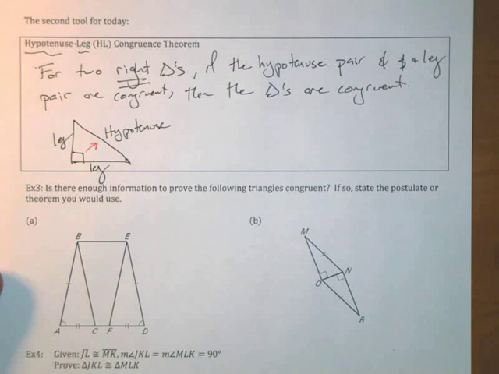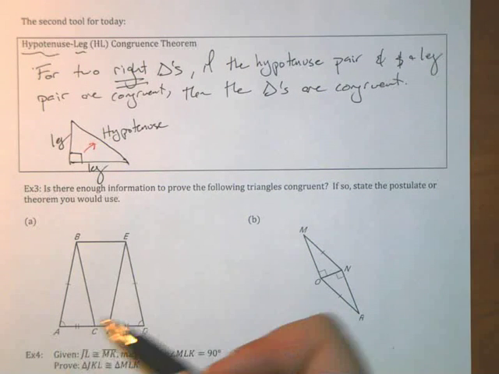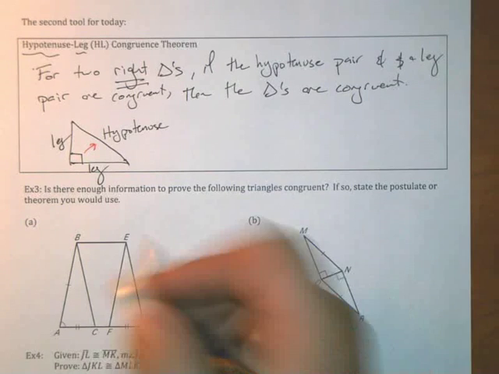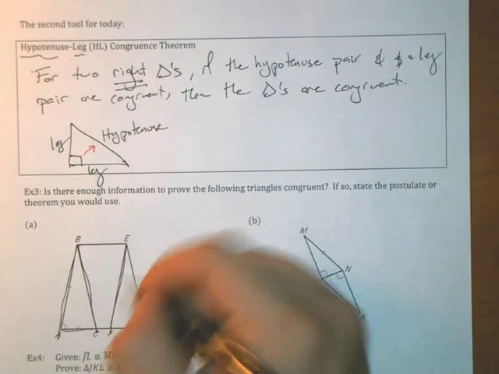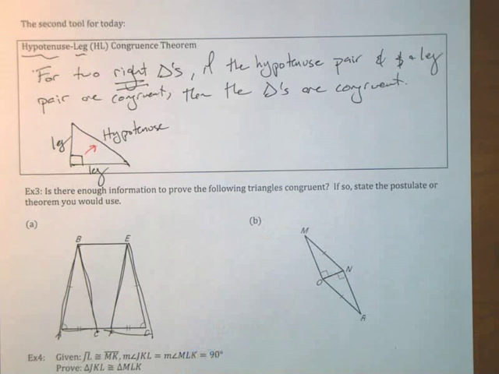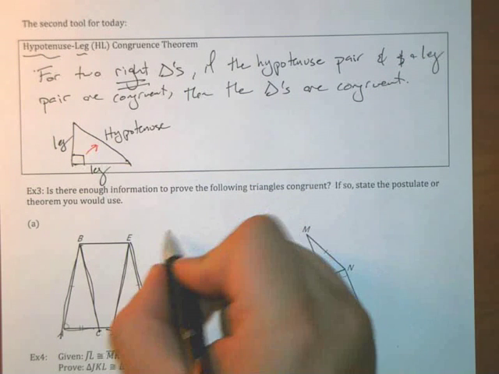Okay, so kind of like we did on the previous lesson, is there enough information to show two triangles are congruent? Let's state what the triangles are and what postulate you use. So if we look at this diagram, say start with A here. Identify a couple triangles that look congruent. It looks to me like this guy and this guy.